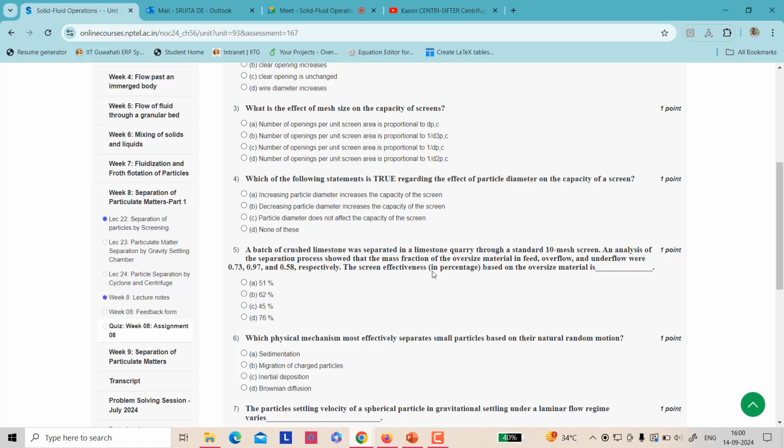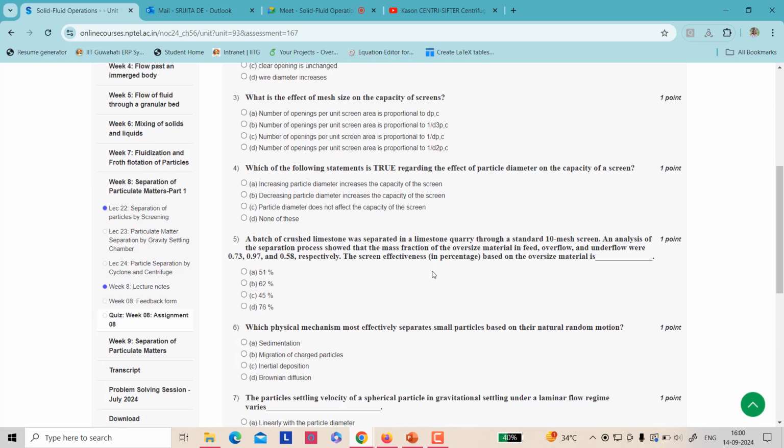Next is the numerical on screen effectiveness. This is just a formula based problem. Okay, ma'am, please solve.